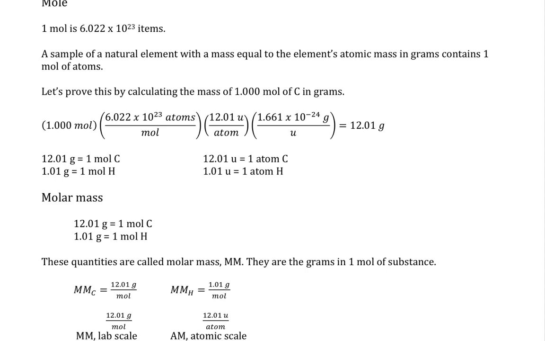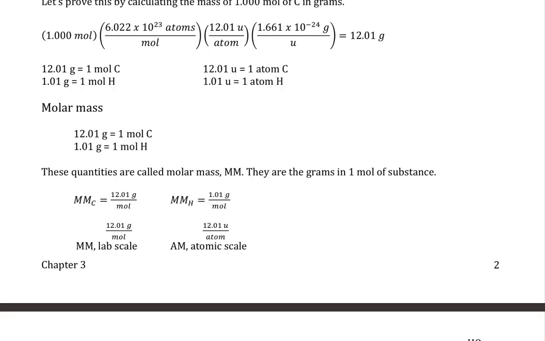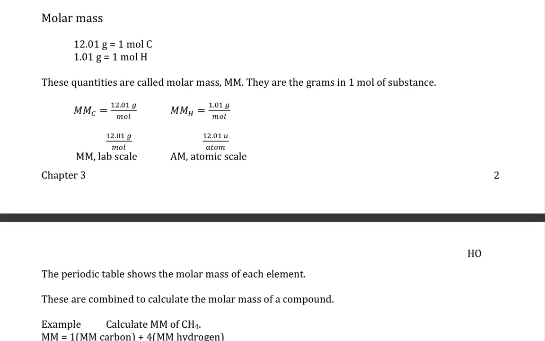Often we abbreviate molar mass MM, and they are the grams in 1 mole of the substance. So once again, for carbon, the molar mass is 12.01 grams per mole, and for hydrogen, 1.01 grams per mole. So those are on the lab scale. On the atomic scale, it would be the same number, U per atom.